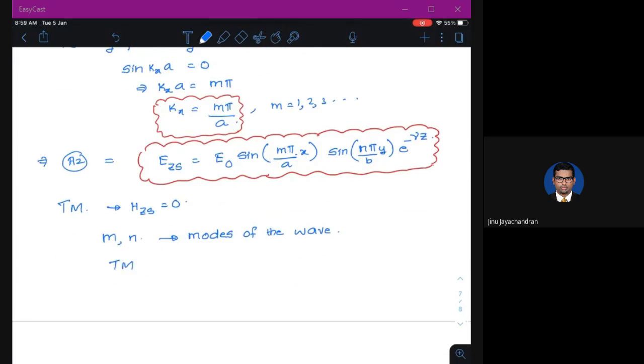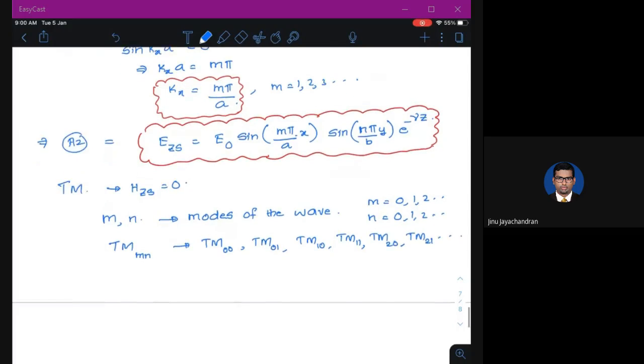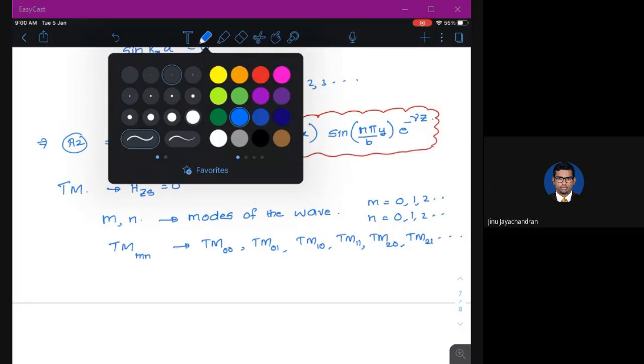We usually represent it as TM mn, with small letters m and n. m can take values 0, 1, 2, etc., and n can take values 0, 1, 2, etc. So this can be TM00, TM01, TM10, TM11, TM20, TM21, etc. These are called the modes of propagation.